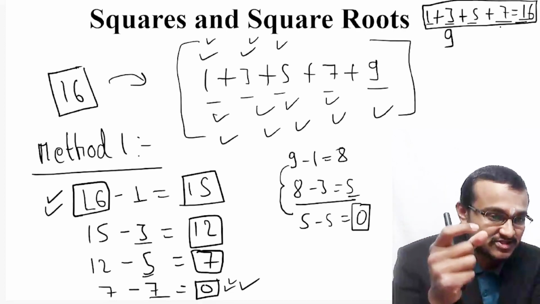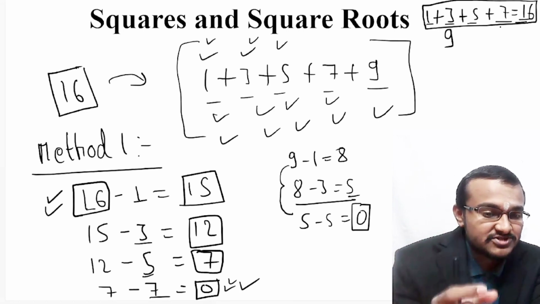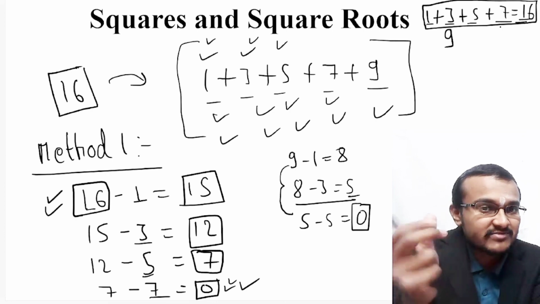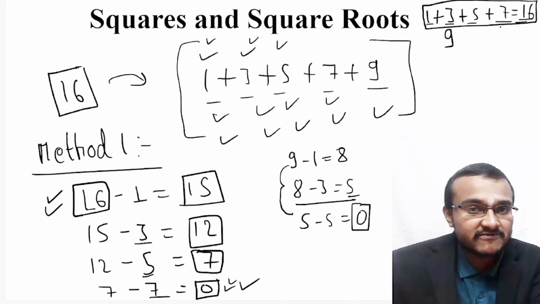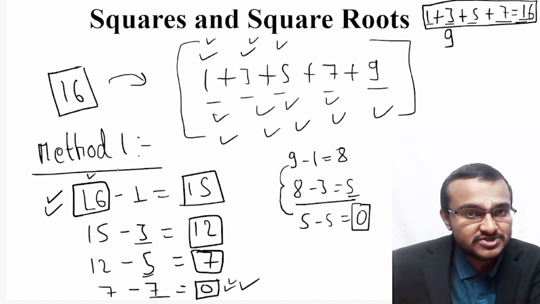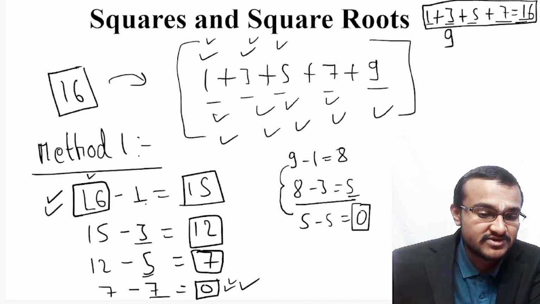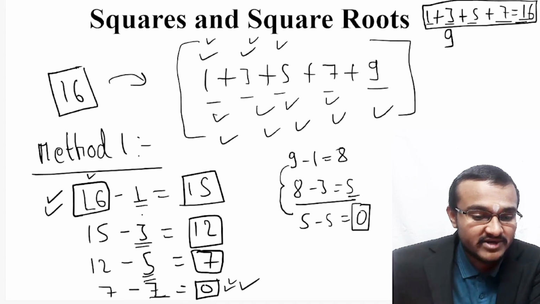So you should count how many times you subtract odd numbers, and that will be the square root of that perfect square number. To make 16 equal to 0, you subtracted odd numbers starting from 1 four times. So the square root of 16 will be 4.